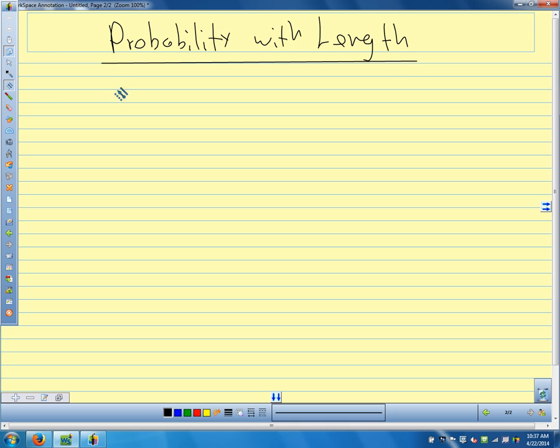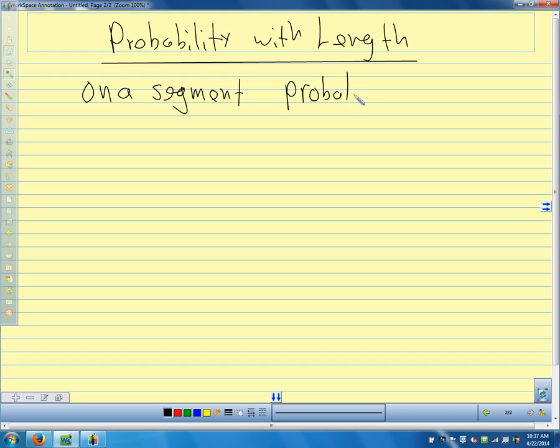Really easy idea with length. When we're talking about probability with length, we're on a segment. On a segment, our probability is going to be the favorable length divided by the total length.